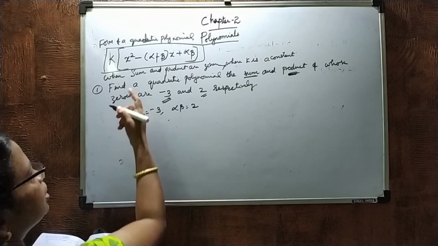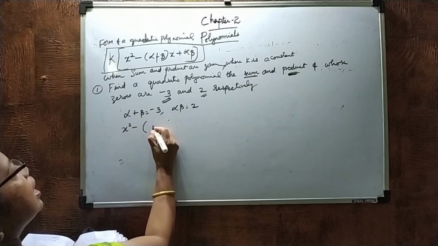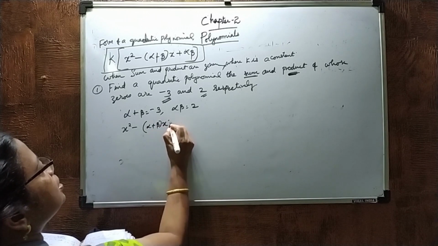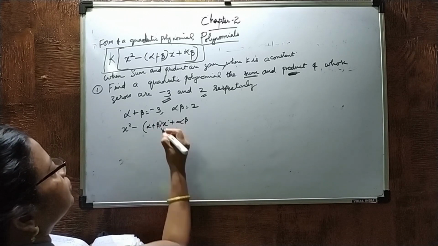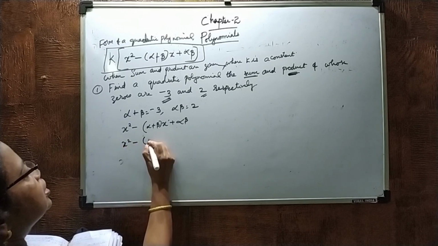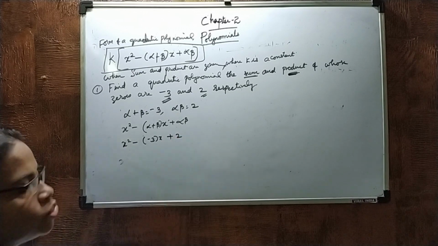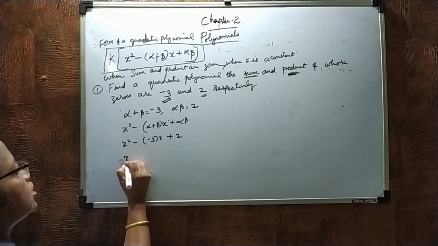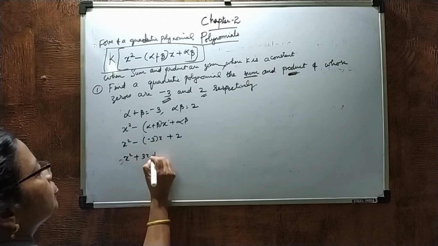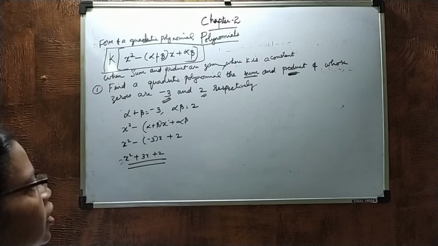So according to this, we write x square minus (alpha plus beta) into x plus alpha beta. So it will be x square minus (-3) into x plus 2. That means x square plus 3x plus 2. This is the quadratic polynomial.